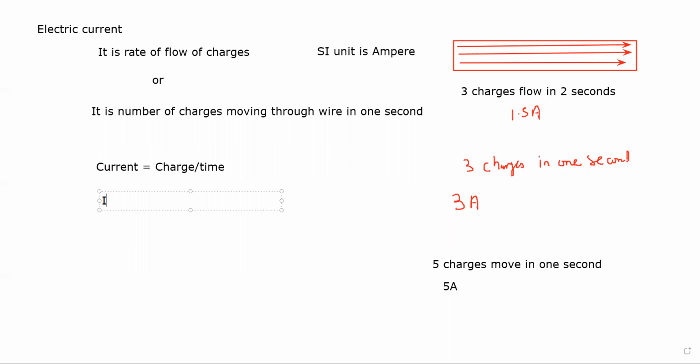Symbolically, current is represented by symbol I, charge is represented by Q. It's not C, the unit is coulomb, that is C, but it is represented in the formula by Q. So I is equal to Q by T. The unit of current is ampere, the unit of charge is coulombs, and the SI unit of time is second.